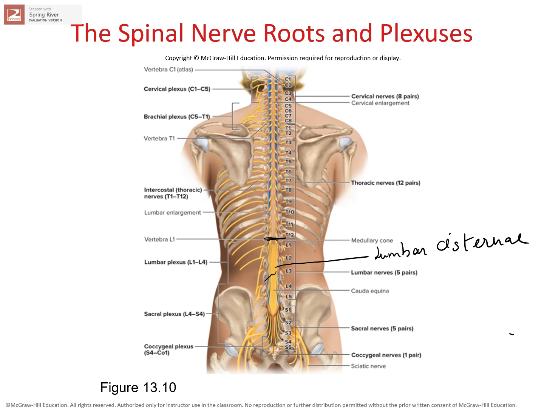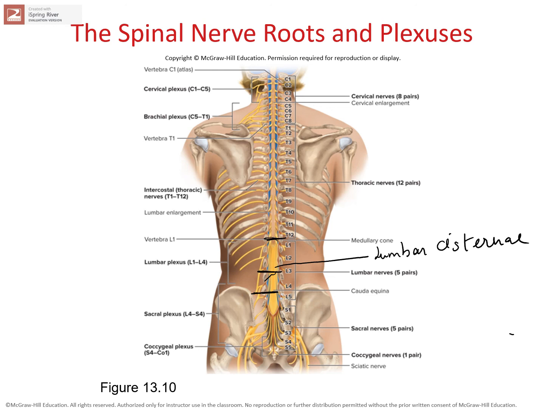Usually this is the best place to do it. And even for administration of an epidural, they administer it between L3 and L4 because this is the safest place to administer the epidural without causing extreme damage.